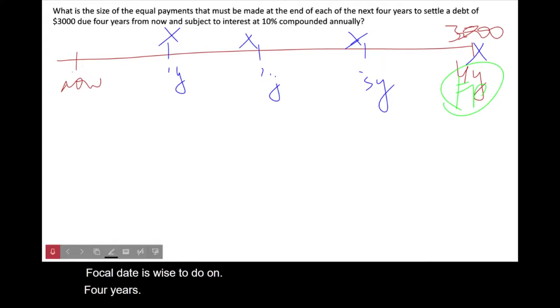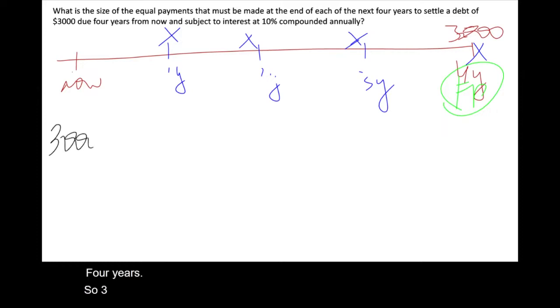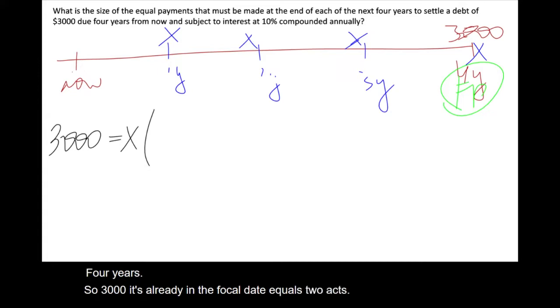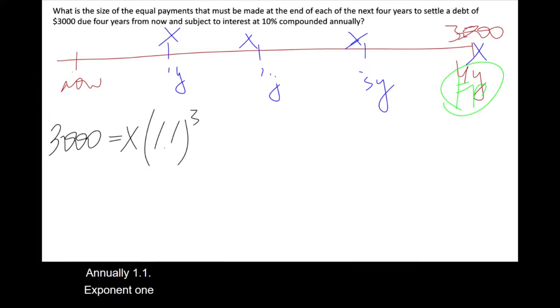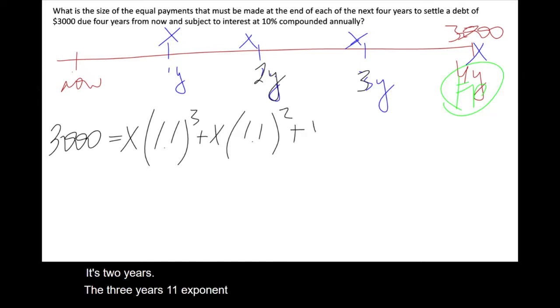So 3,000, it's already in the focal date, equals X times 1.1 exponent 3, plus X times 1.1 exponent 2, plus X times 1.1 exponent 1, plus X.